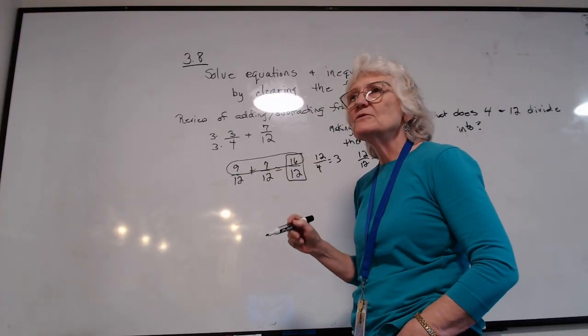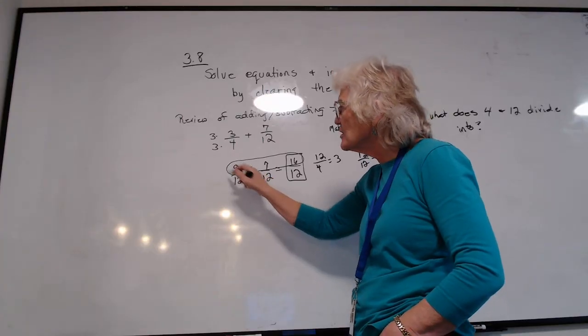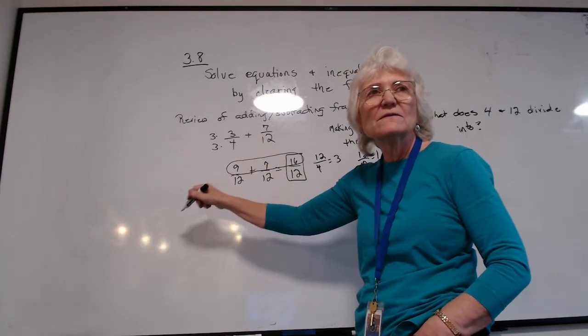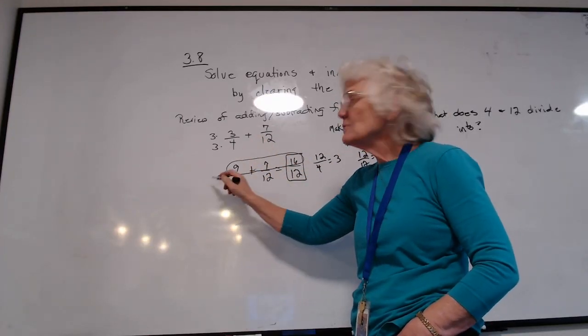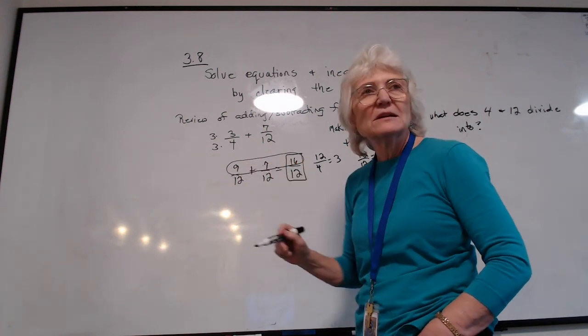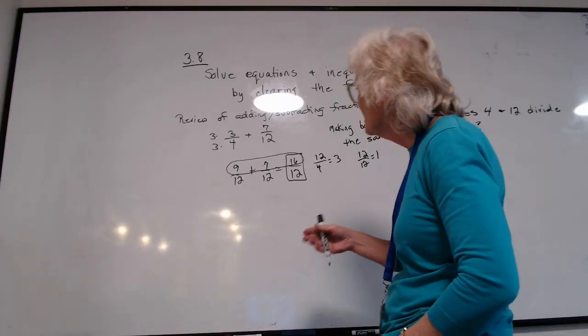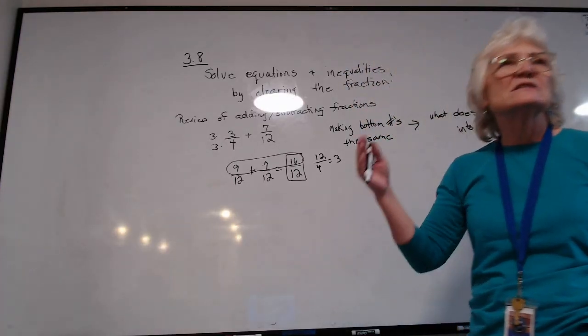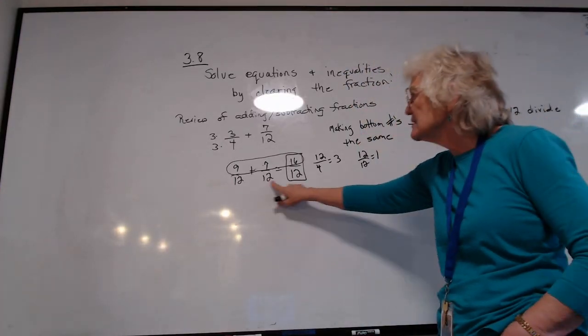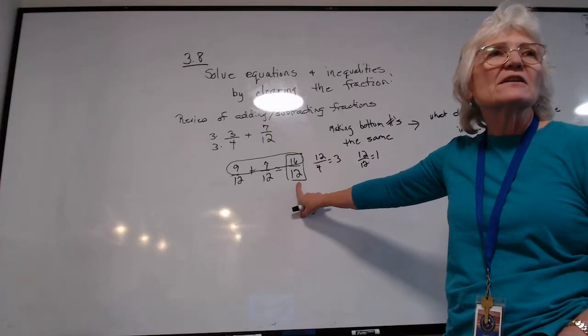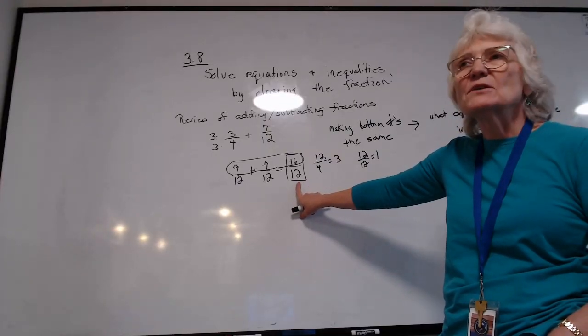So if you multiply all of this by 12, everything by 12, it would get rid of those denominators, and it would just have 9. So 9 plus 7 equals 16 is actually equivalent to this, because I can multiply each side.